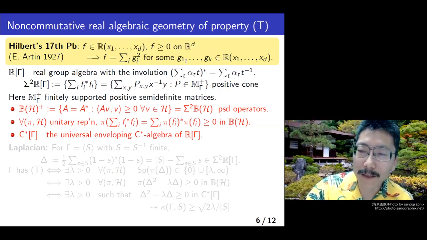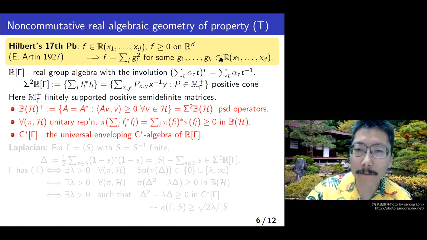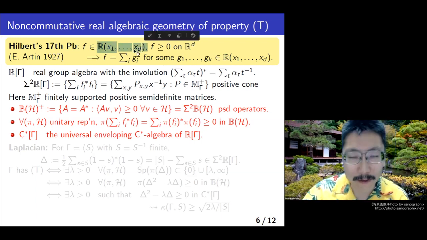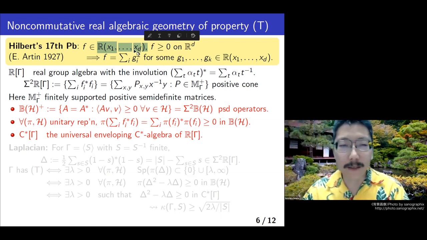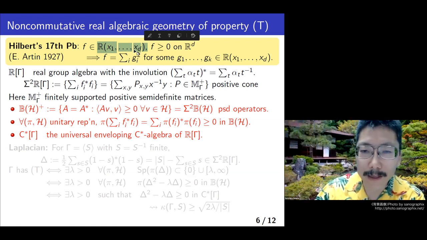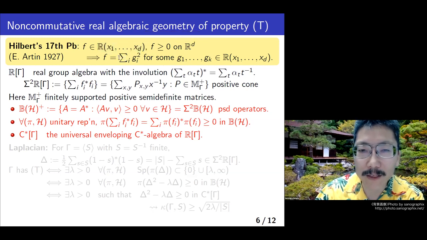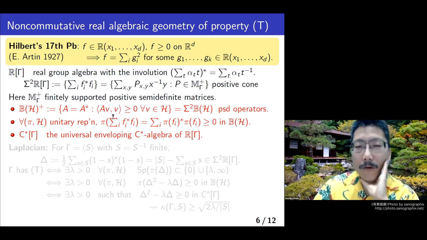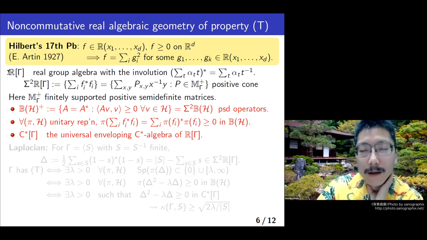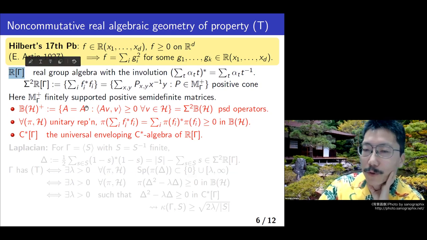But then the main task is to lift the solution in the continuous completed algebra to the original algebra, the algebra of rational polynomials. This is perhaps done by application of Hermann's theorem. That's why there's a convex combination here, a sum of squares. Okay, now our algebra is the real group algebra.